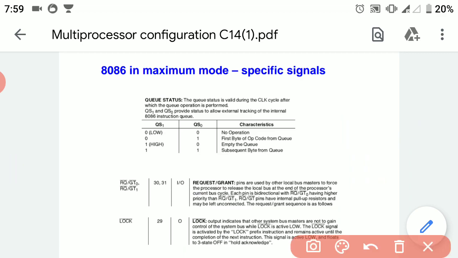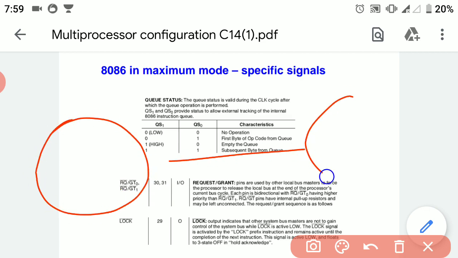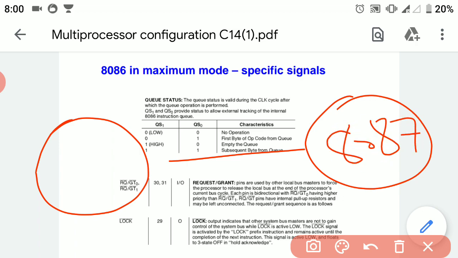Now the next is we have request and grant. This is pin number 30 and 31. Now if we are using any coprocessor, for example an 8087 math coprocessor, and this is our main processor, then using pin number 30 and 31, we actually grant the bus to the 8086 processor.